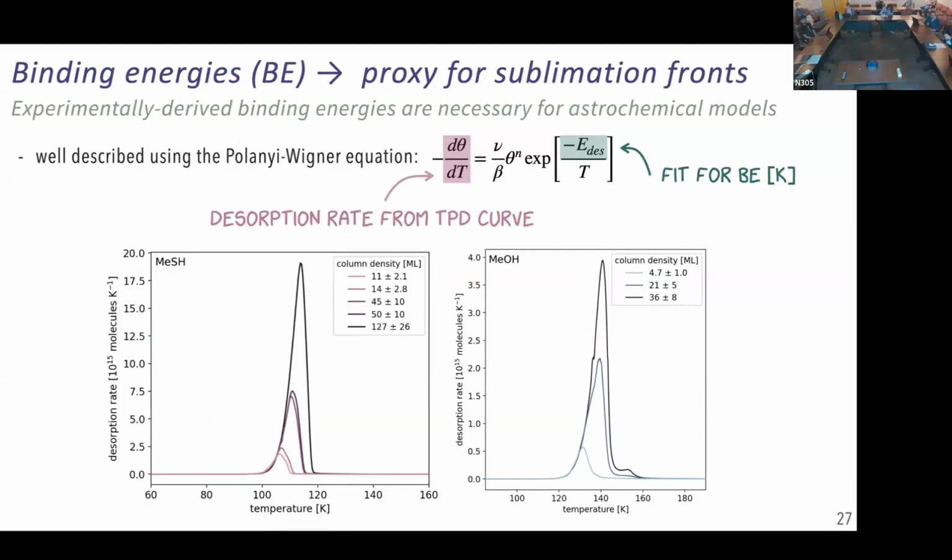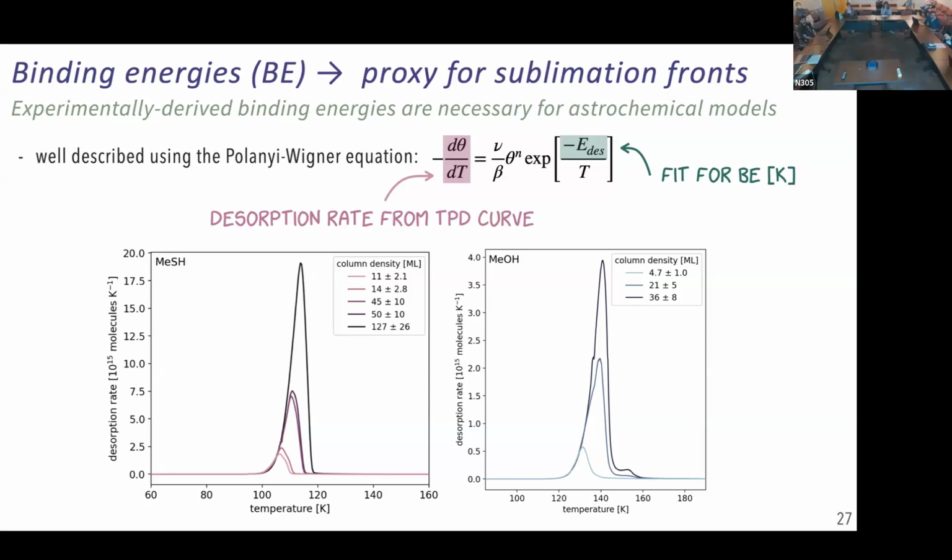So binding energies can be a proxy for sublimation fronts. It's well described by this equation over here. All that you really need to know is that the left-hand side is the desorption rate from the TPD curve, and then we fit for this E desorption, which is the binding energy. On the left, I have the multilayer curves for methyl mercaptan, and on the right, I have it for methanol.